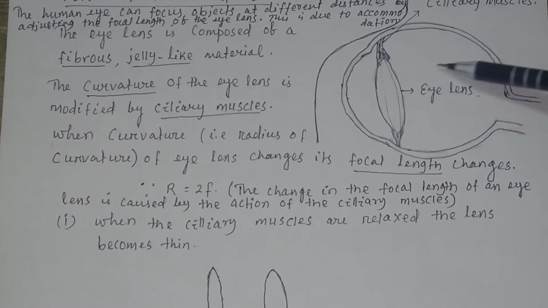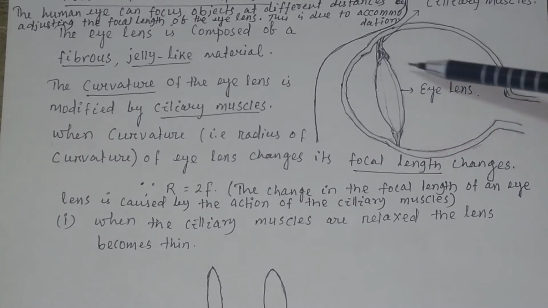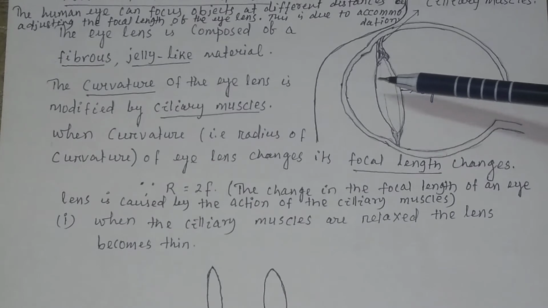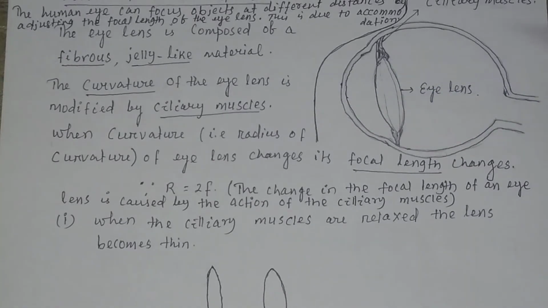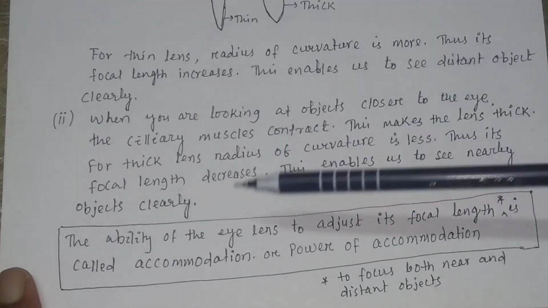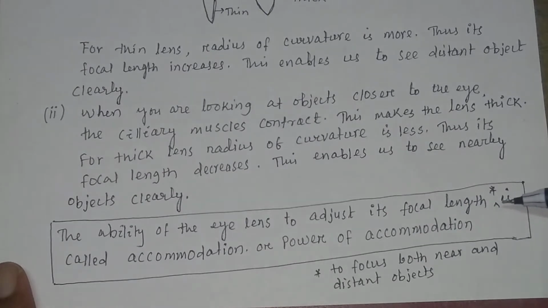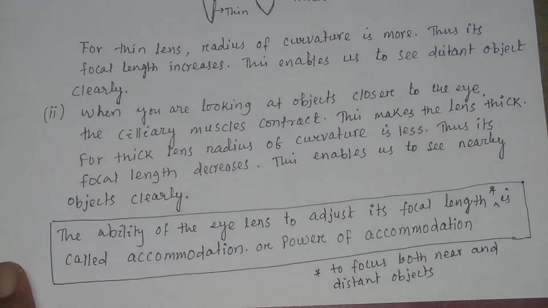You cannot change the image distance, so you change the focal length of this lens in accordance with the object distance. Therefore, the ability of the eye lens to adjust its focal length to focus both near and distant objects is called accommodation or power of accommodation.